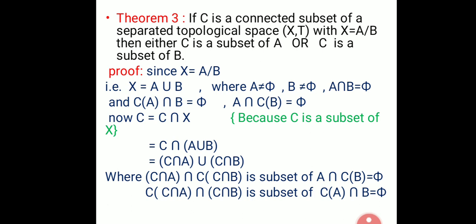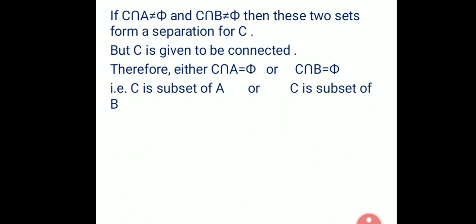Now we apply the distributive property and obtain (C ∩ A) ∪ (C ∩ B), where closure of C ∩ A ∩ (C ∩ B) is a subset of closure A ∩ B, which is equal to phi, because the intersection of C and A is A and the intersection of C and B is B. Similarly, we can write closure of C ∩ A ∩ (C ∩ B) is a subset of closure of A ∩ B, which is equal to phi.